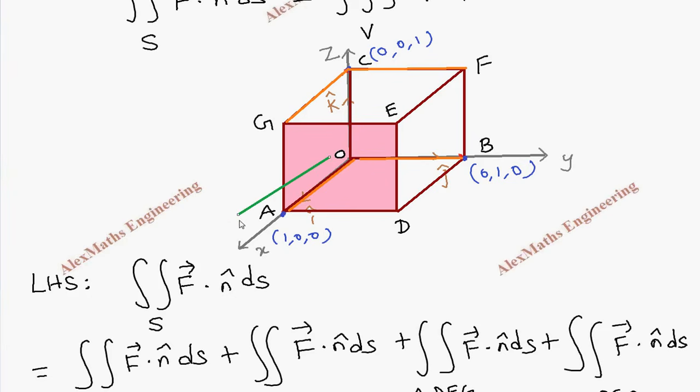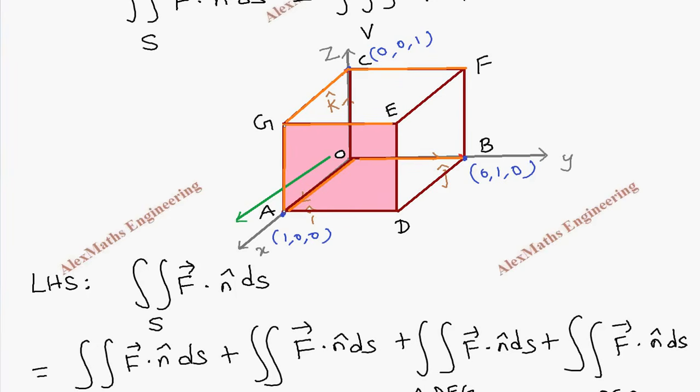Sorry, n cap will be something like this. It is along the i direction, and this is having the sides y and z. So this is y and z.